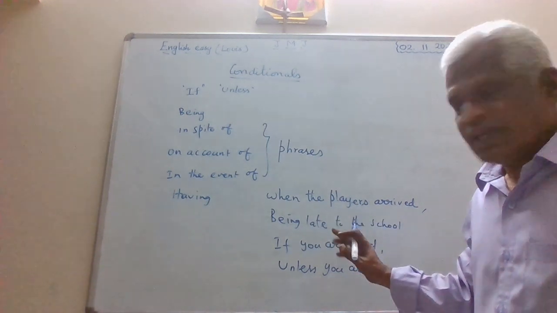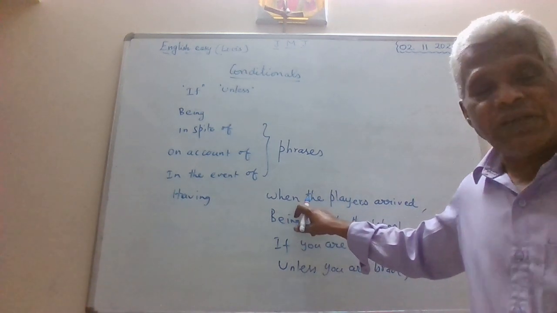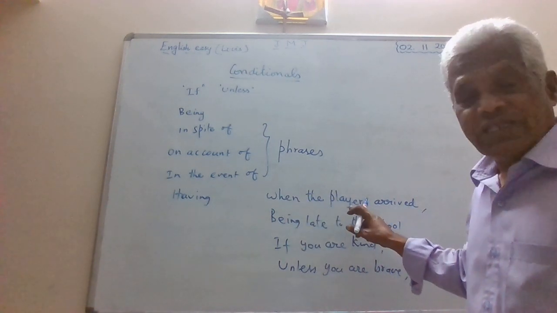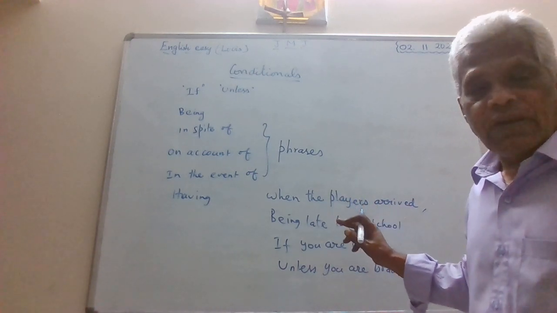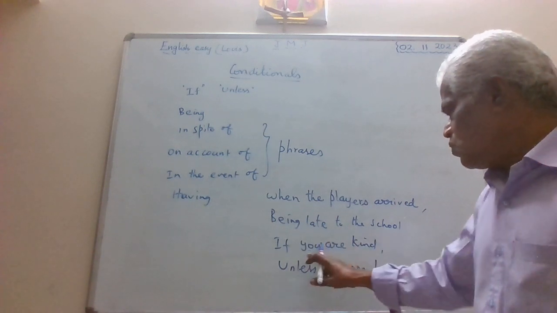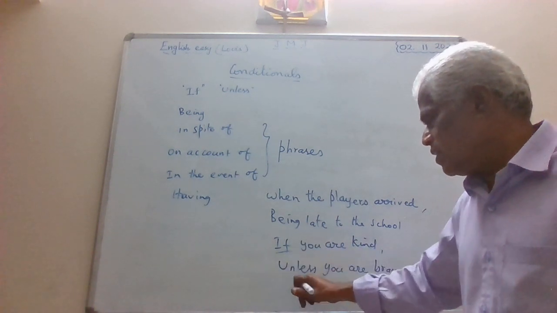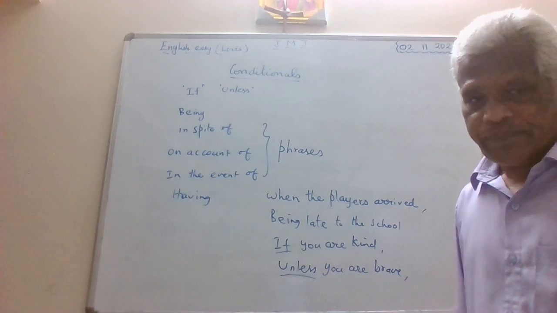But you can see, when the players arrive, you have the starting word here, players as a noun, and then arrived is a verb. And then here, of course, you have late to the school. If you are kind, a sentence beginning with if, and a group of words beginning with unless.